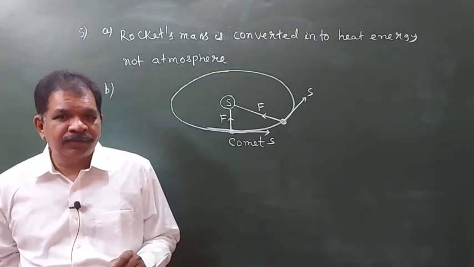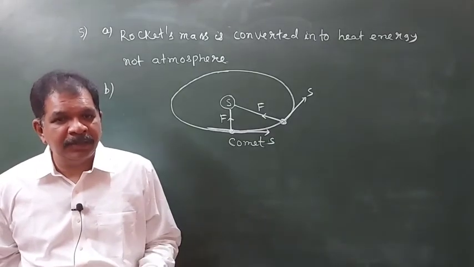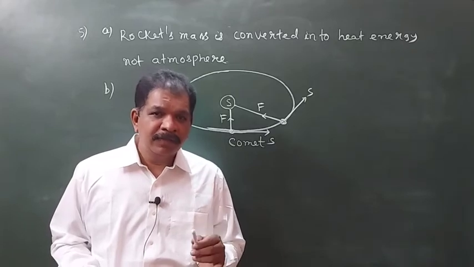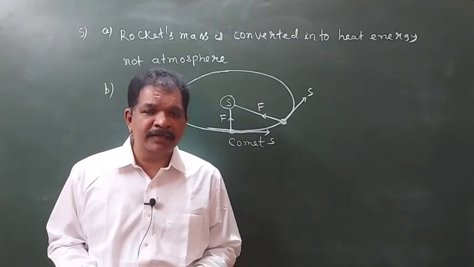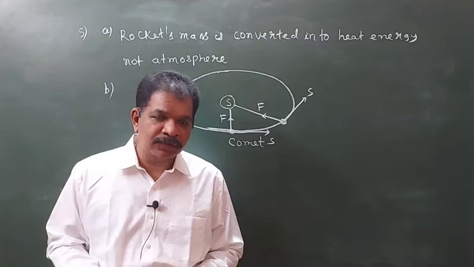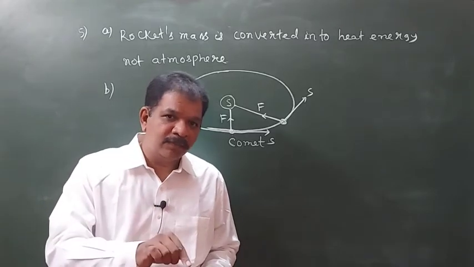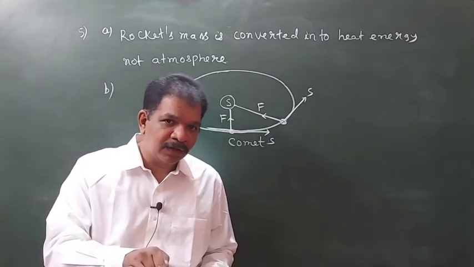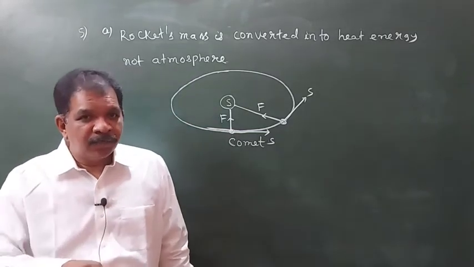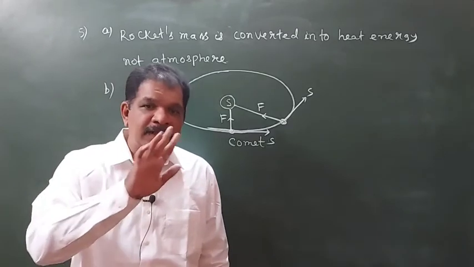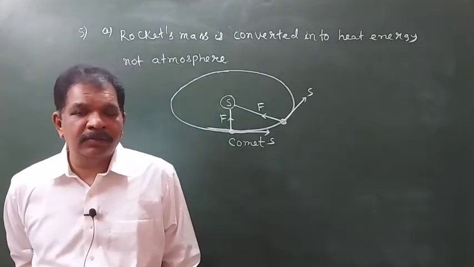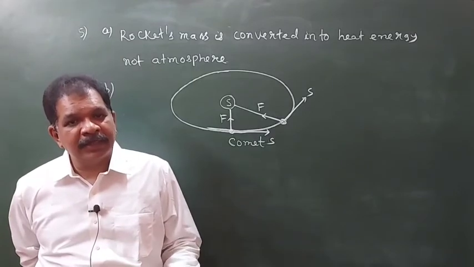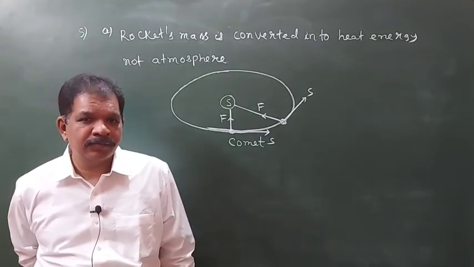If work done by the force is independent of the path followed by the body, then that force will be called a conservative force. A force did some work, but that work is independent of the path followed by the body. Then that force will be called a conservative force.